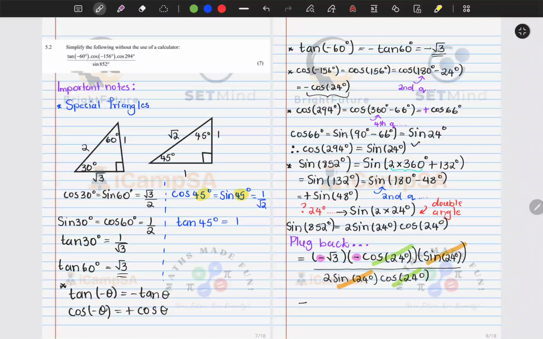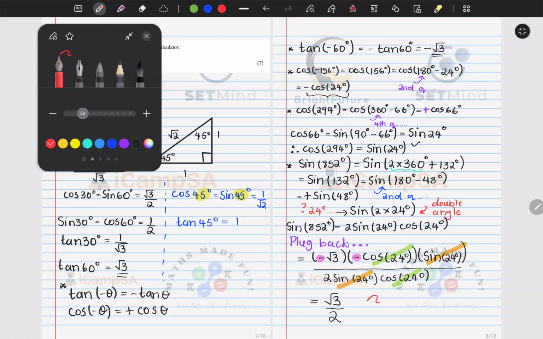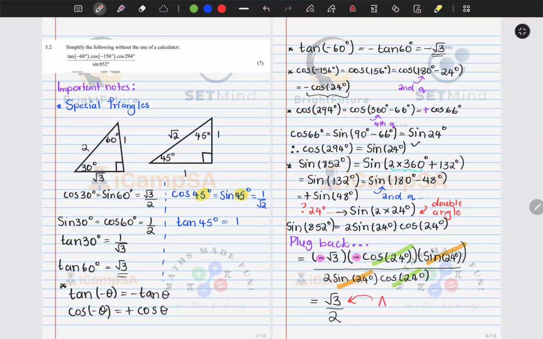So this means that our answer ends up becoming square root of 3 over 2. And ladies and gentlemen, that is our answer. How's that? Beautiful, isn't it?